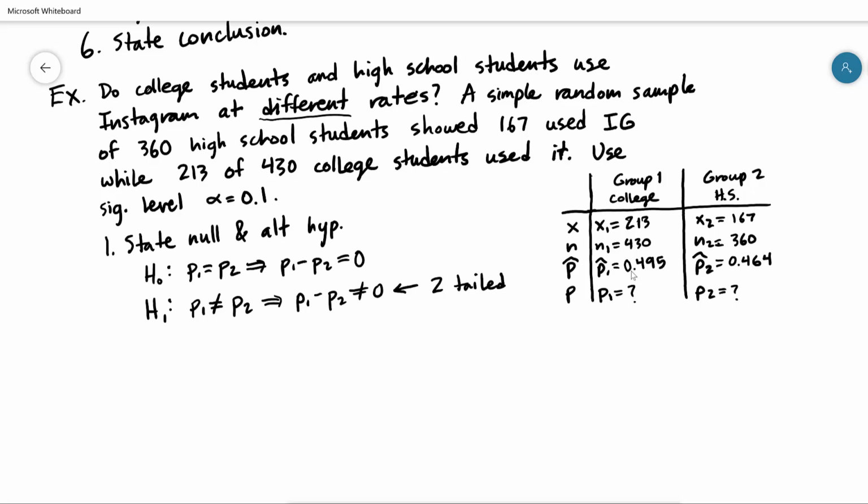So this number came from those two numbers, and this came from those two numbers. I just take the ratio. 167 over 360 gave me this decimal, 213 over 430 gave me this decimal. That's based on our definition. So I've got my little table filled out. That'll help going forward.